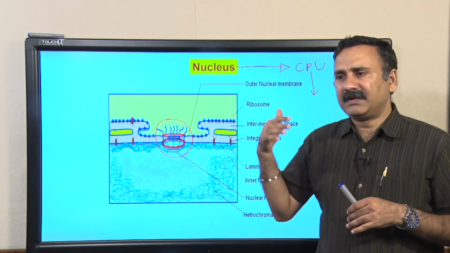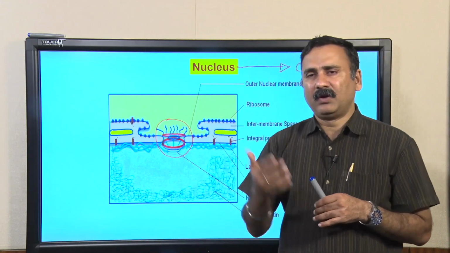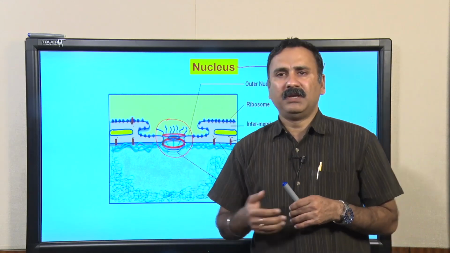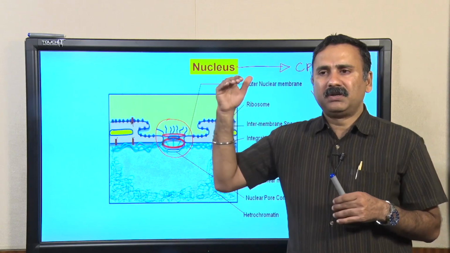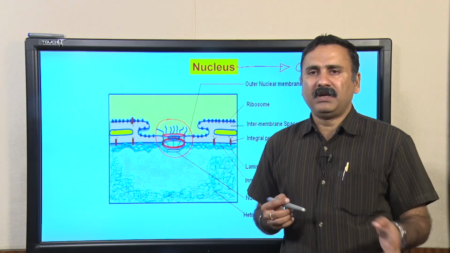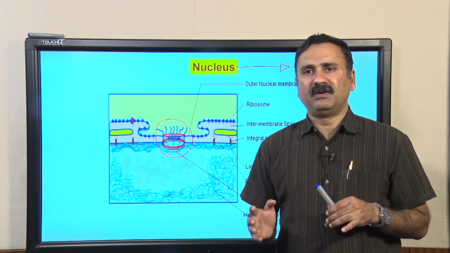When you have an external stimulus, for example, we have already taken an example of insulin. If the insulin is binding to the insulin receptor, that drives a signal transduction, and that eventually ends up in a set of transcription factors.